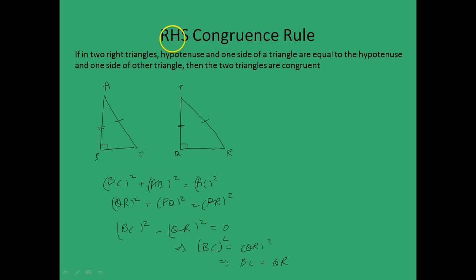And so therefore, from just the conditions of RHS we arrive at BC being equal to QR also. And now because all three sides are equal, by the SSS rule you have triangle ABC congruent to triangle PQR, and hence we have the RHS congruence rule.